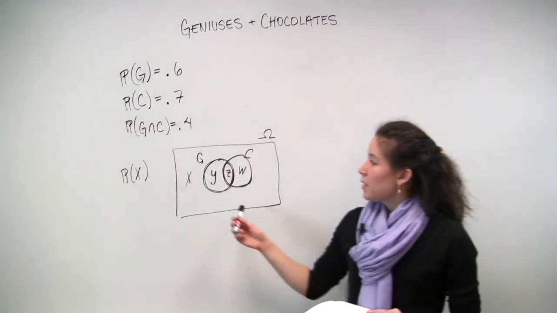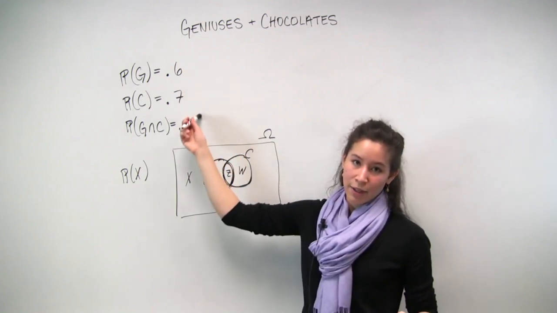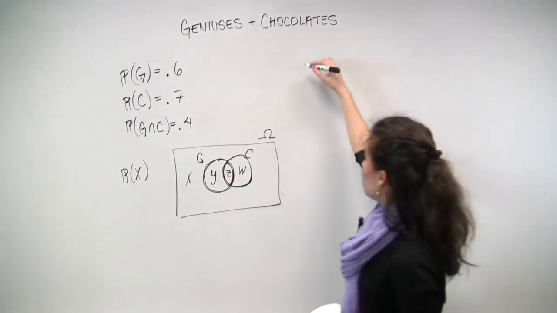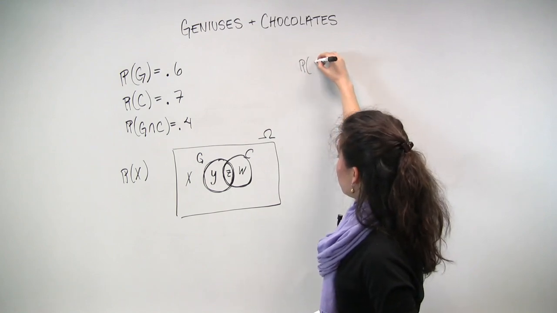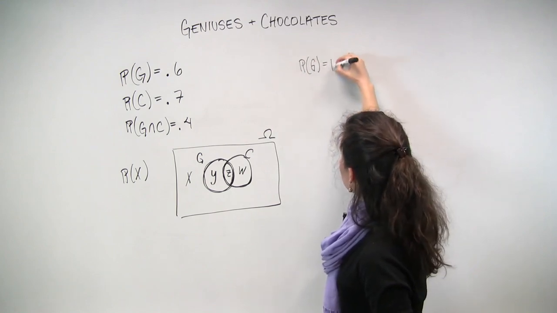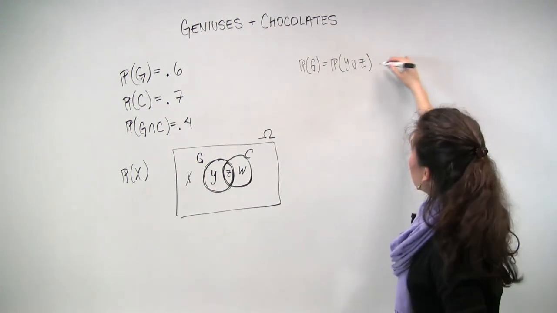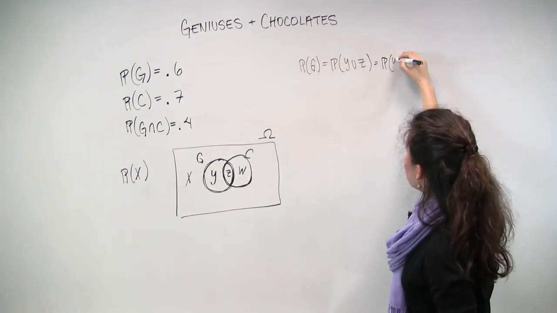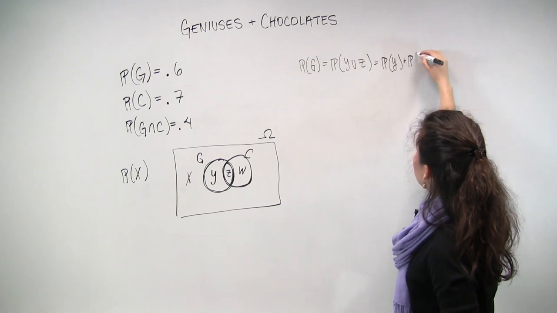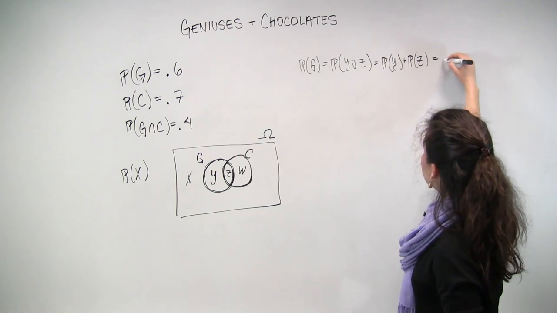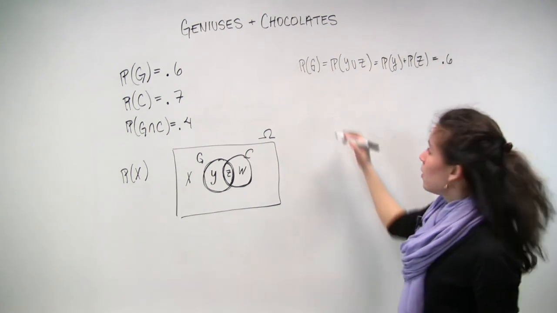The first step is to get the information we have written down here in terms of these new labels. So hopefully you buy that G is just the union of Y and Z. And because Y and Z are disjoint, the probability of the union is the sum of the probabilities. And of course, we have from before that this is 0.6.